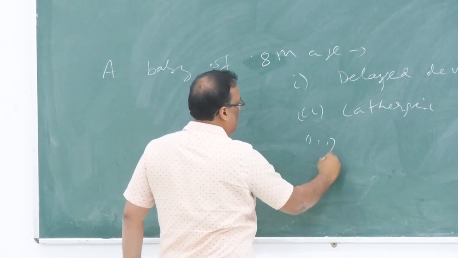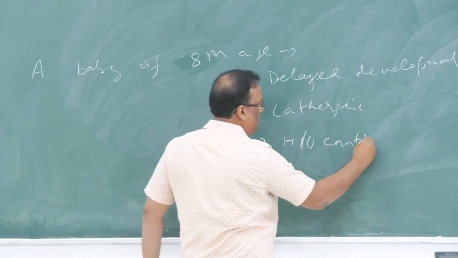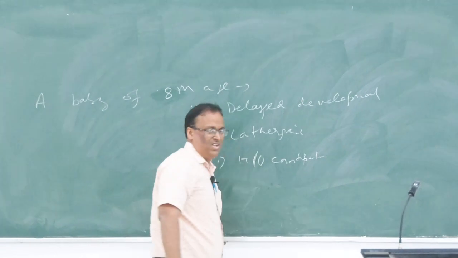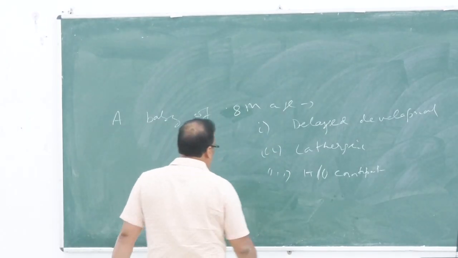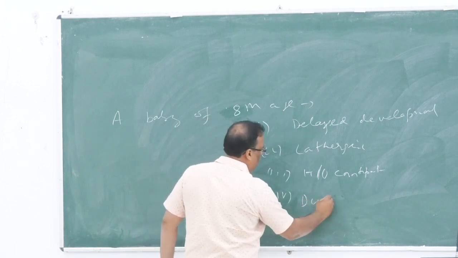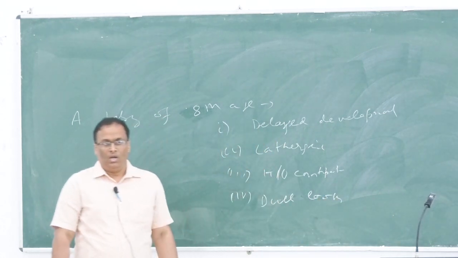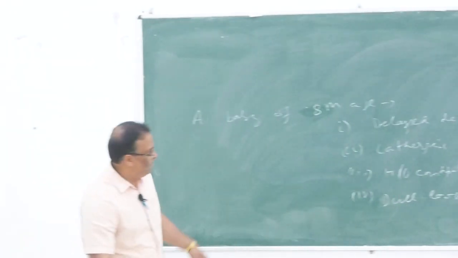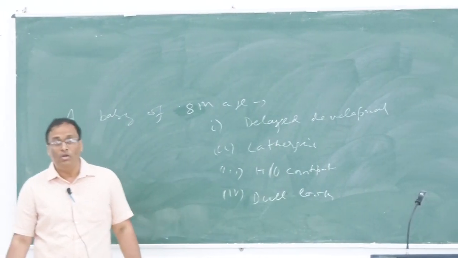Number 3, history of constipation, that means infrequent stool pass for this baby, and dull look. So it is a baby having delayed development, lethargic, history of constipation and infrequent stool.